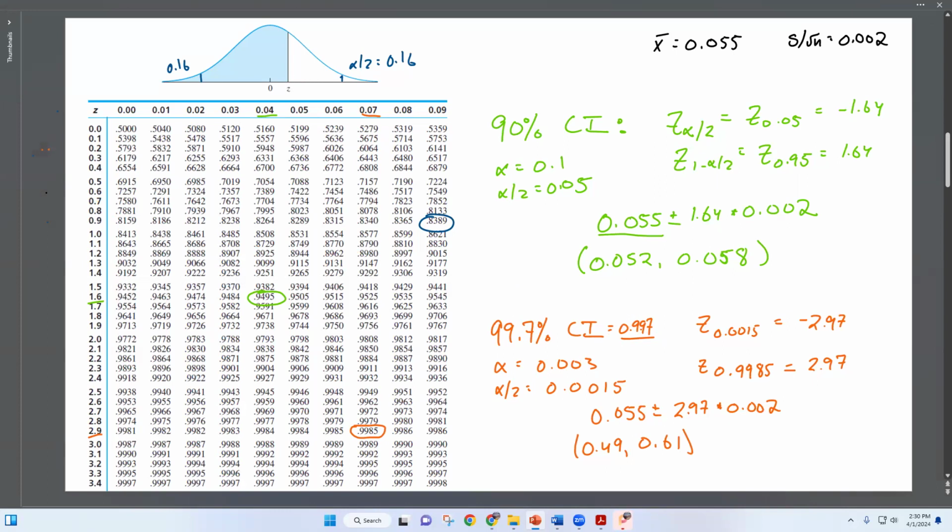So 1 minus 0.997 is 0.003 divided by 2, we get 0.0015. And then we find our z-scores associated with that. So the upper one is going to be 0.9985. So that gives us a 2.97 z-score. And then we multiply that by our standard error, add and subtract from the sample mean, and then we get our 99.7% confidence interval.